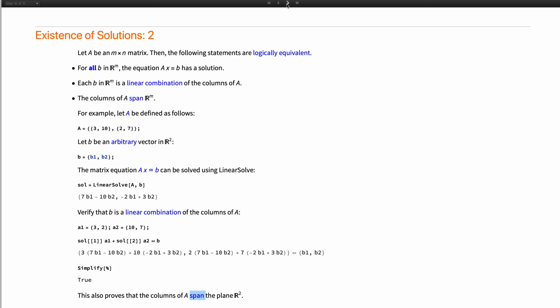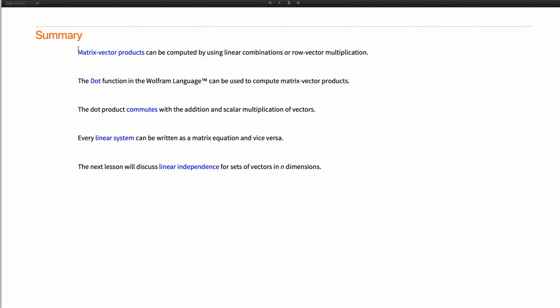So that brings me to the end of this lesson, and the main point is that one can compute the product of a vector and a matrix either by using linear combinations or by using row vector multiplication. And overall, the row vector multiplication is a bit easier to understand. Second, we have a very nice, powerful function called dot in the Wolfram language, which can be used to compute such matrix vector products.